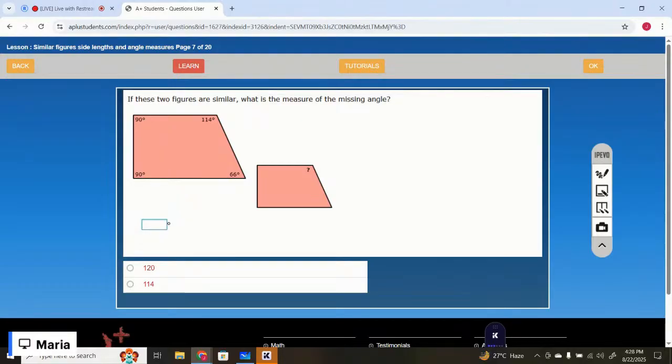These two shapes are similar. What is the measure of the missing angle?